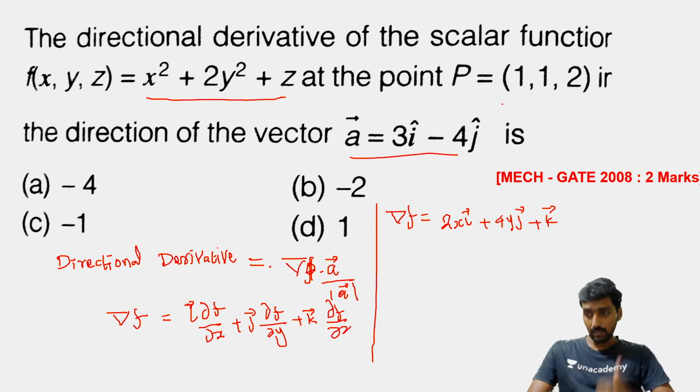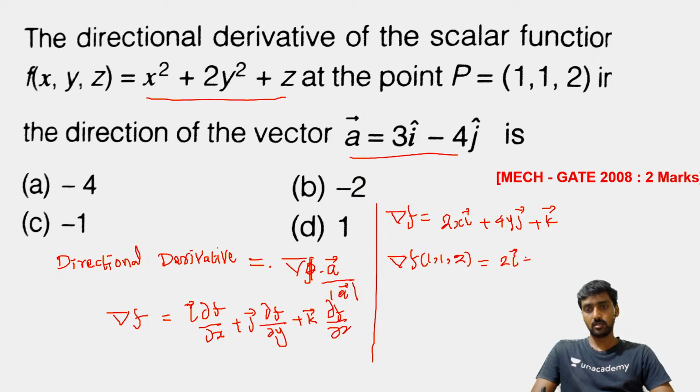Now del f at 1 comma 1 comma 2 is 2 I vector plus 4 j vector plus 2 k vector.